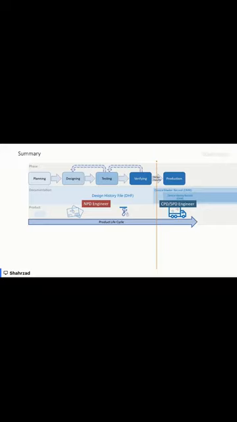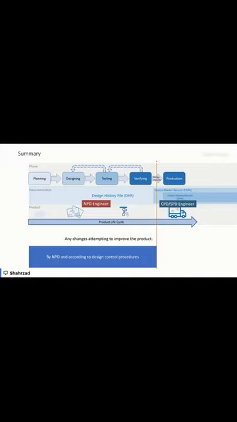All the finer details are under DHR. As such, any changes attempting to improve the product before it hits the market are done by NPD and according to design control procedures, and after market launch by CPD, or the commercialized product development team, in accordance with change control guidelines.